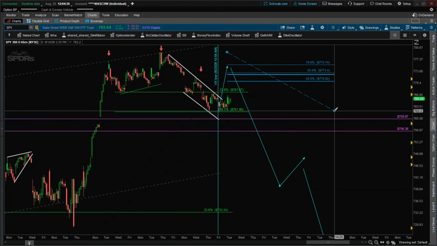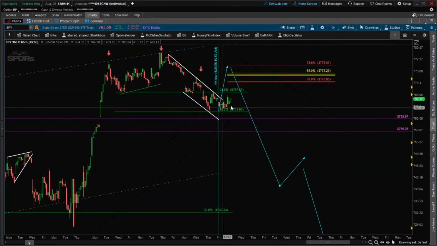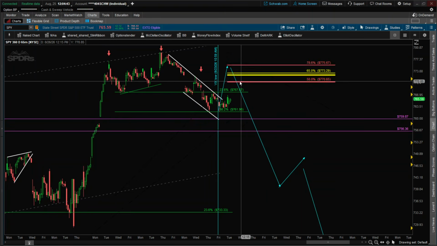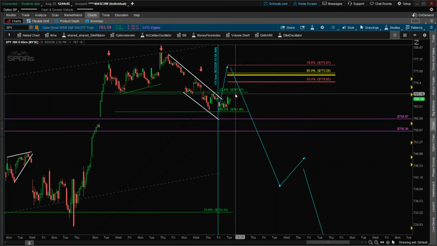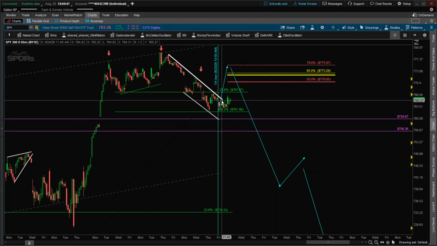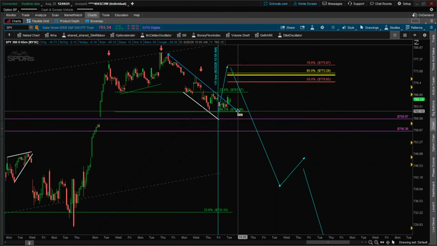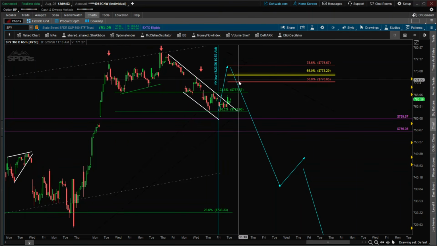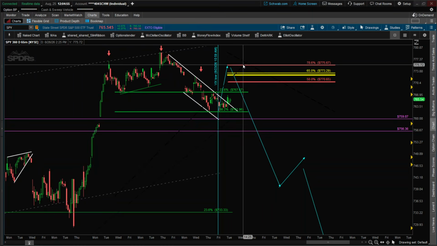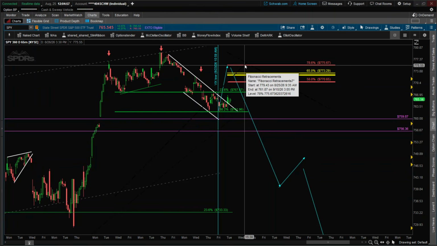And because of the relative strength of this market over the Qs, if the Qs bounce as well, along with the Mag 7 and SMH, the semiconductors, then what we're looking for is probably, in my opinion, most likely a 786 retracement.